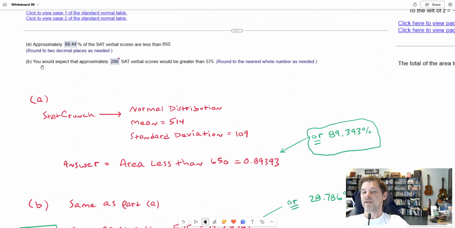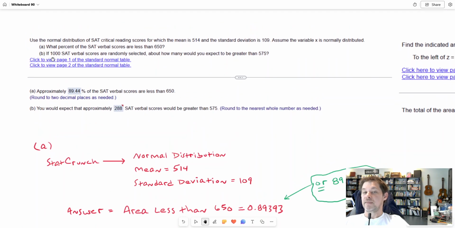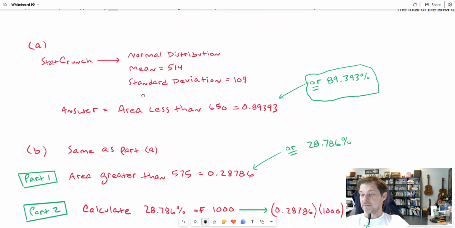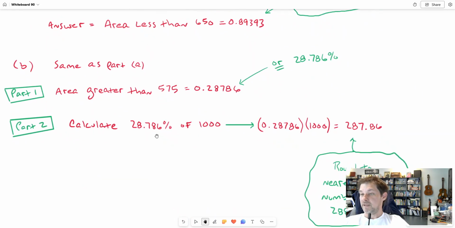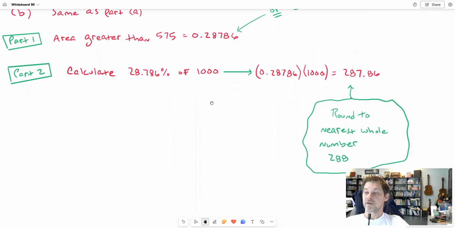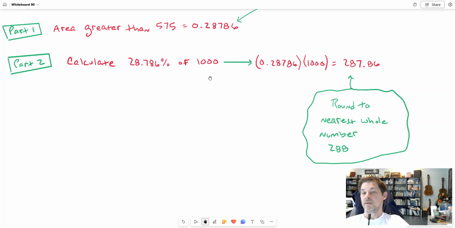But I'm asked to find not the percentage, but how many actual students. So if you tell me that 1,000 students took the test, then my answer to B will be 28.786% of 1,000. That's how many students are going to make that score. Okay, so the way I would calculate 28.786% of 1,000 is to multiply 0.28786 times 1,000, and I'll get 287.86.